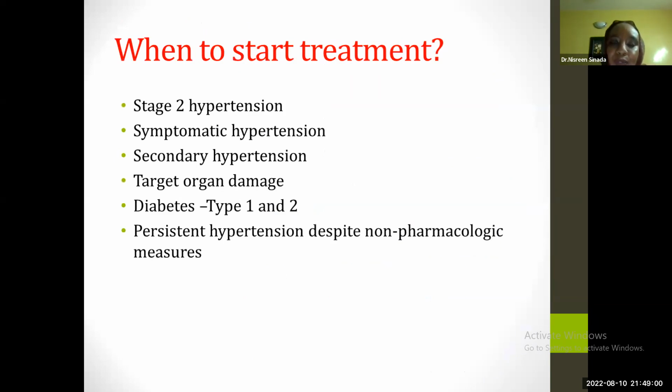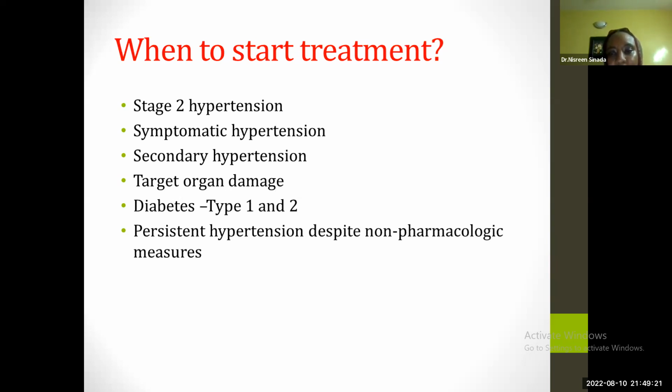Okay, so when to start treatment? You should start treatment in stage 2 hypertension, symptomatic hypertension, secondary hypertension, hypertension with target organ damage, as we said, diabetes type 1 or type 2, and resistant hypertension despite non-pharmacological measures.